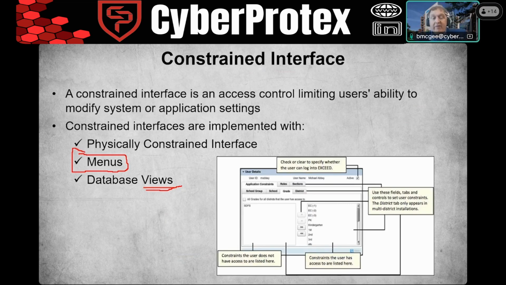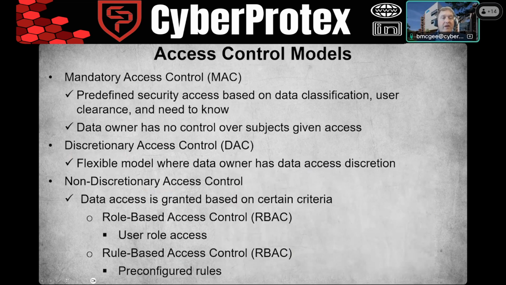By doing that, we give ourselves more control and flexibility to grant or take away access accordingly to specific subjects, to specific objects. The one thing that I want to make sure we're clear on is mandatory access control, discretionary access control, and then some of the non-discretionary access controls like role-based and rule-based.